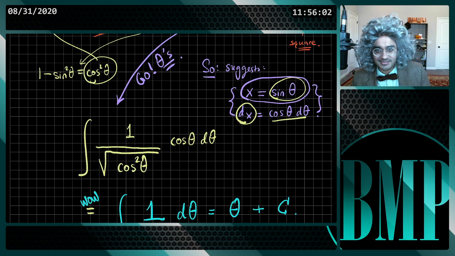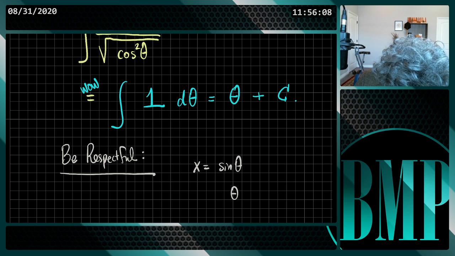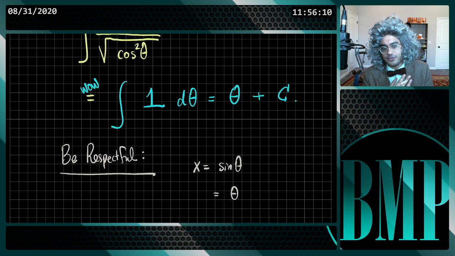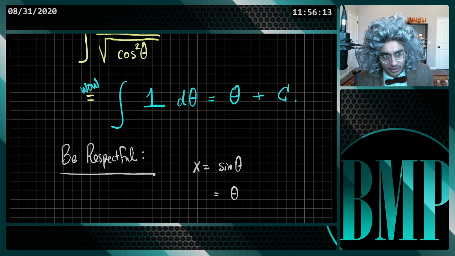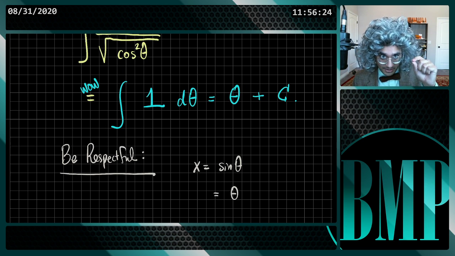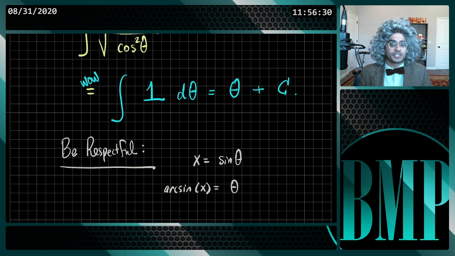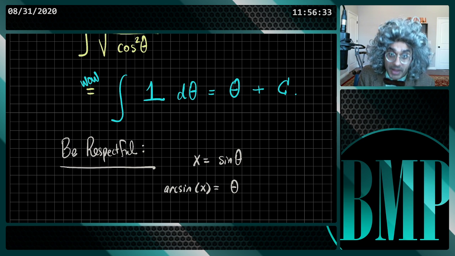Look, this was the substitution. x was sine theta, and so theta is the inverse sine function. I don't want to talk about it right now. I know you all have great opinions about it. I just want to get to something symbolic that says we finished the problem. I don't want to focus on a long discussion about inverse trig functions and their natural domains.